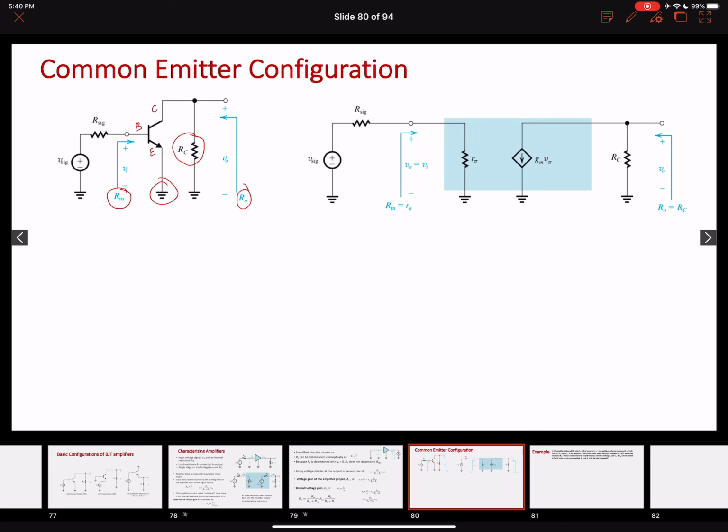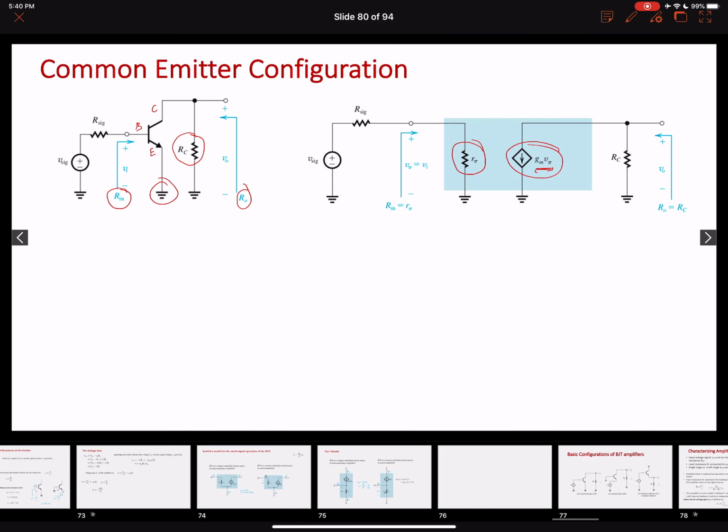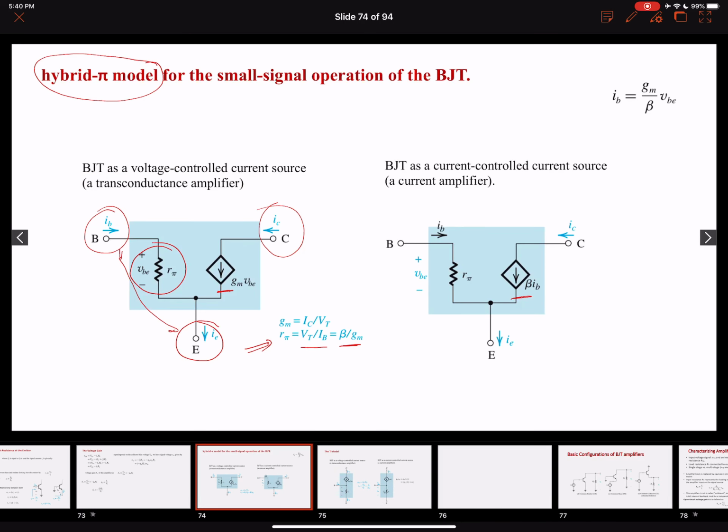So if I expand this amplifier circuit, this is what I am going to have. I am going to have this resistance R pi appear over here, and then I am going to have this voltage controlled current source appear over here, GmV pi. So this GmV pi equals Gm times VBE.